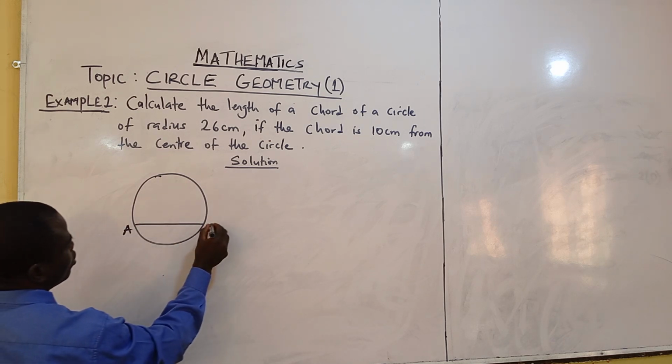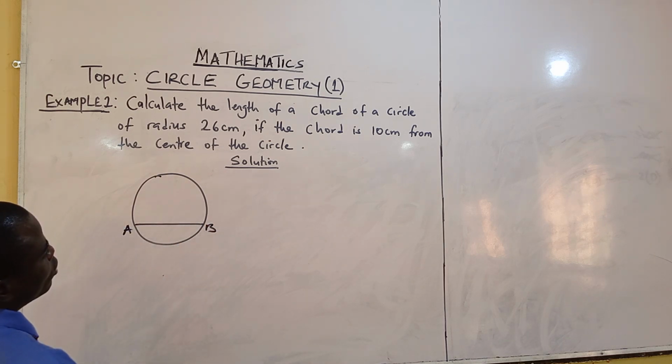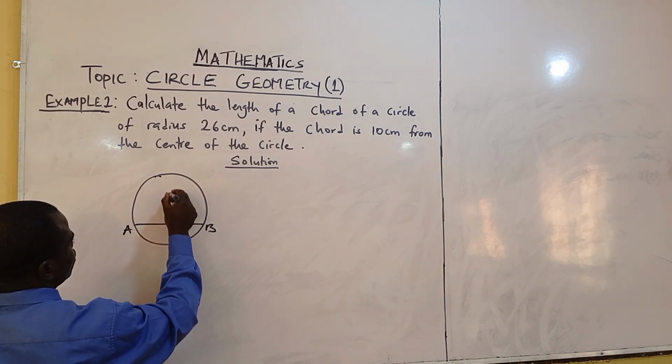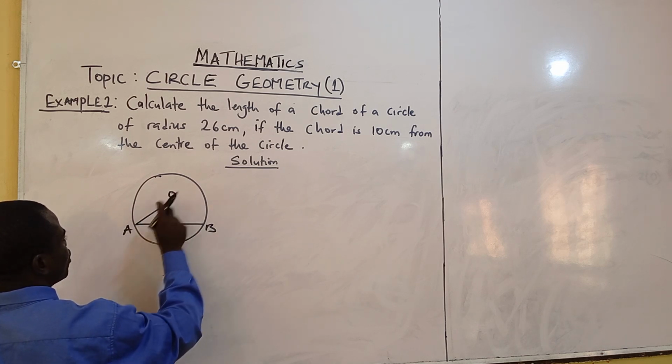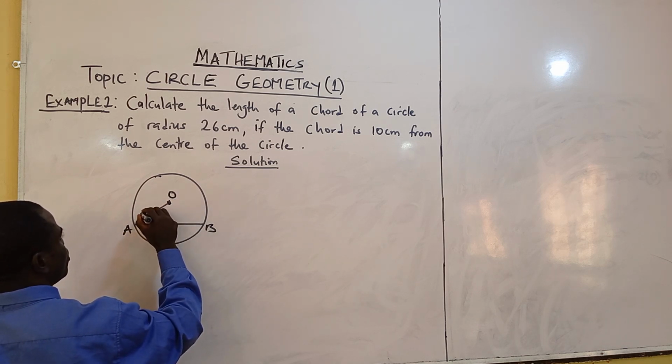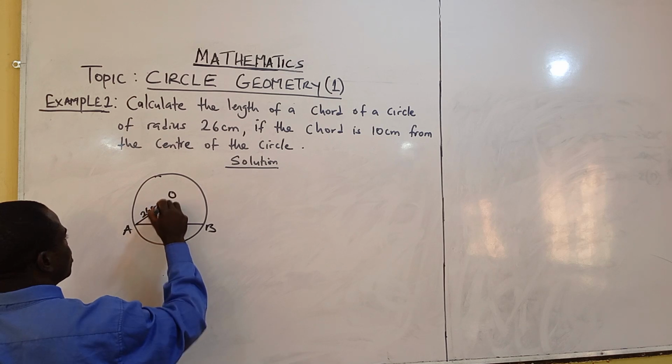Let's call it AB. Calculate the length of a chord of a circle of radius. Let's say this is the center of the circle. Put O at the center of the circle. The radius from the circumference to the center is 26 centimeter.